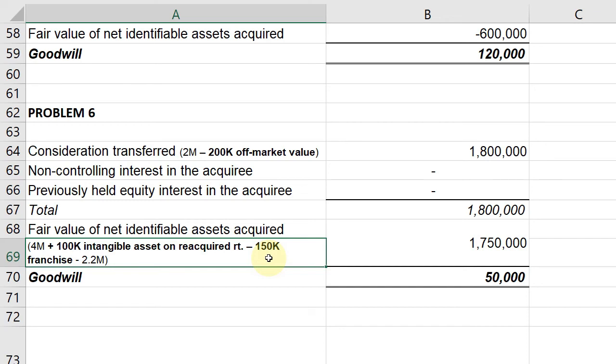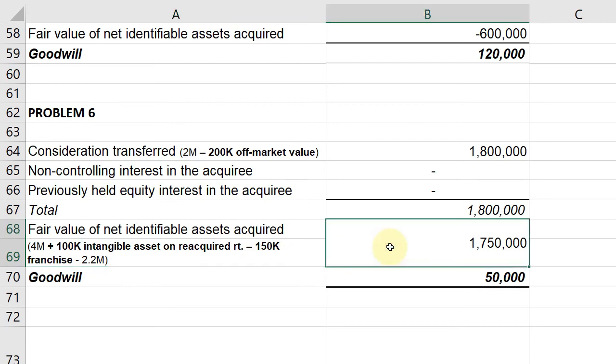Which is 100,000. So, again, 4 million plus at market value of the reacquired right of 100,000 minus 150,000 of franchise minus your 2,200,000 liabilities, you'll get the fair value of net identifiable assets acquired of 1,750,000.